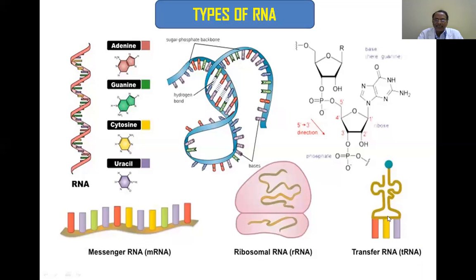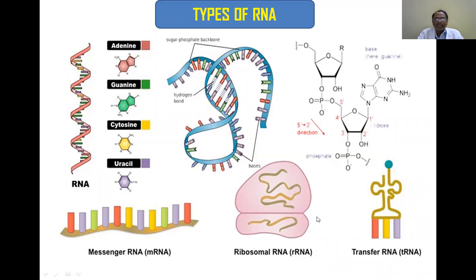Holley is the scientist who discovered the structure of this tRNA. Here it has unusual bases like pseudouridine, and methyl pyrimidines are present in the primary structure of these tRNAs.